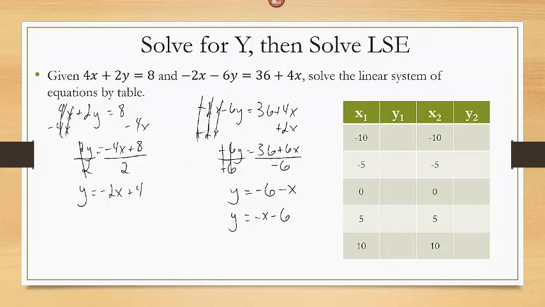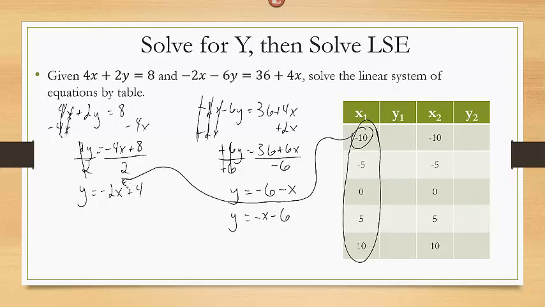Now, using our table, we're given our x's. Let's input these x's into our equation. So let's use negative 10 first. Let's put negative 10 in for our x in negative 2x plus 4. That's going to equal 20, because negative 2 times negative 10 is 20, plus 4 equals 24.